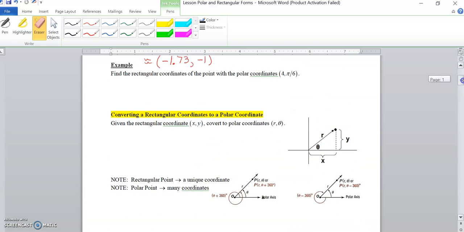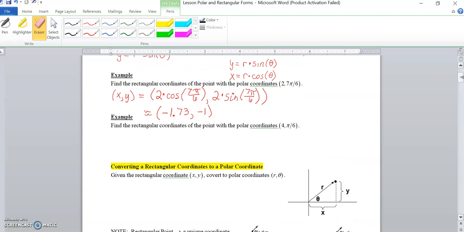Then the second one for this. Same thing, we're just going to say xy is the same as r cosine theta, so 4 times cosine of pi over 6, comma, 4 sine of pi over 6.